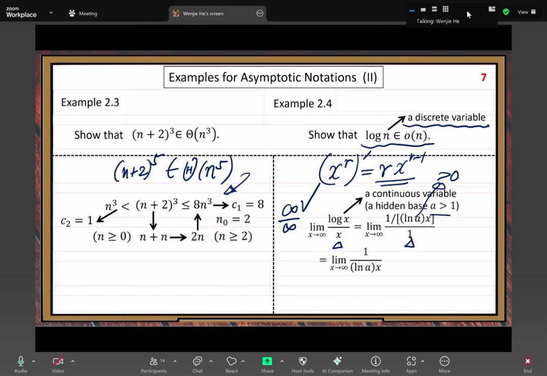After simplification, our x variable is in the denominator, and when x goes to infinity, the limit of this fraction is 0. So 0 is the answer. Then we go back to our original question. All right, let's take a break. When you come back at 7 o'clock, I will explain the conclusion part.